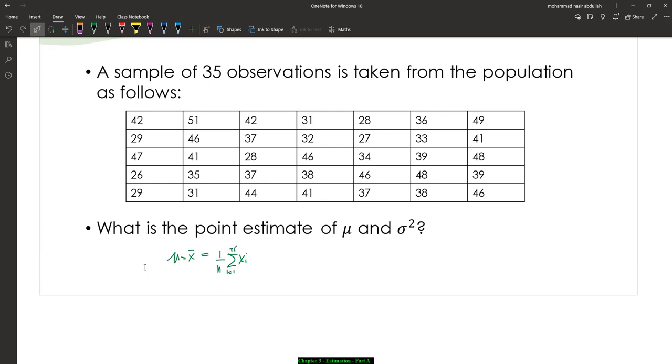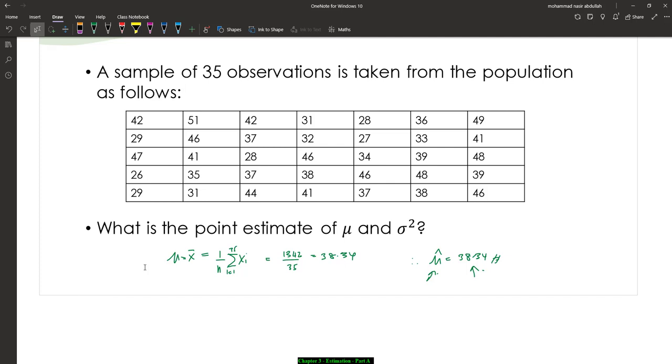So you key the data into a calculator and you will get 1,342 over 35, which is 38.34. So you can say that mu hat is equal to 38.34. This is a point estimator and this is a point estimate, right?